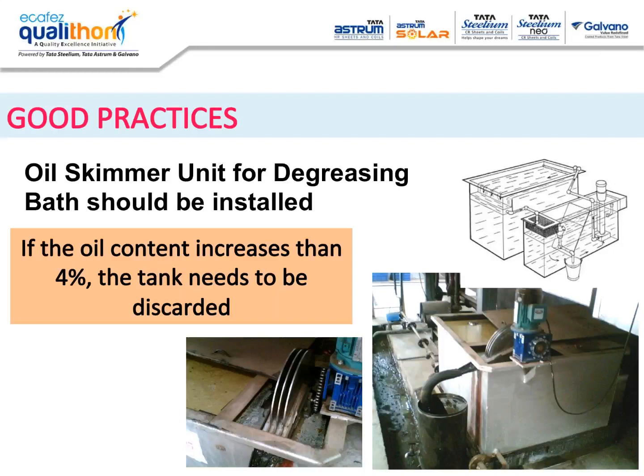Now, if that oil content goes above 4%, normally 4%, because supplier to supplier there may be some variations, you have to discard that. So, if you don't have the oil skimmer or oil separator in your system, naturally the discard will be very frequent. So it is better you install this because the cost of chemical is more than installing one oil skimmer.